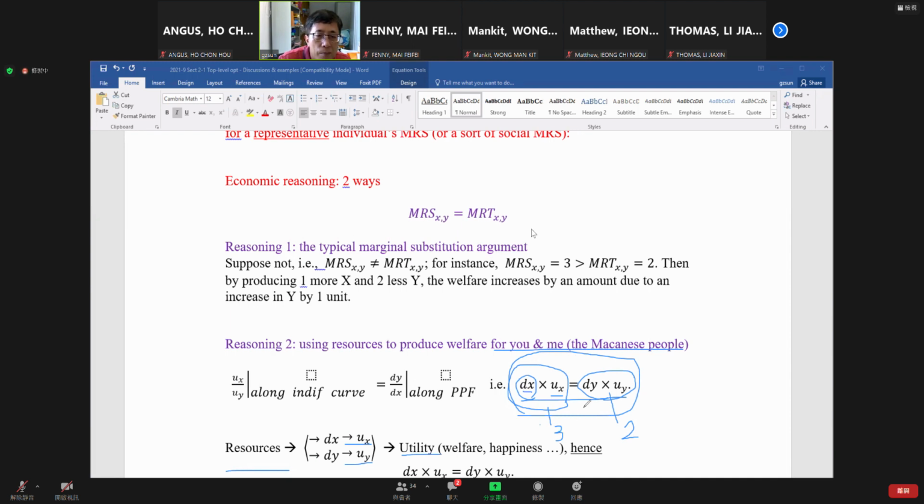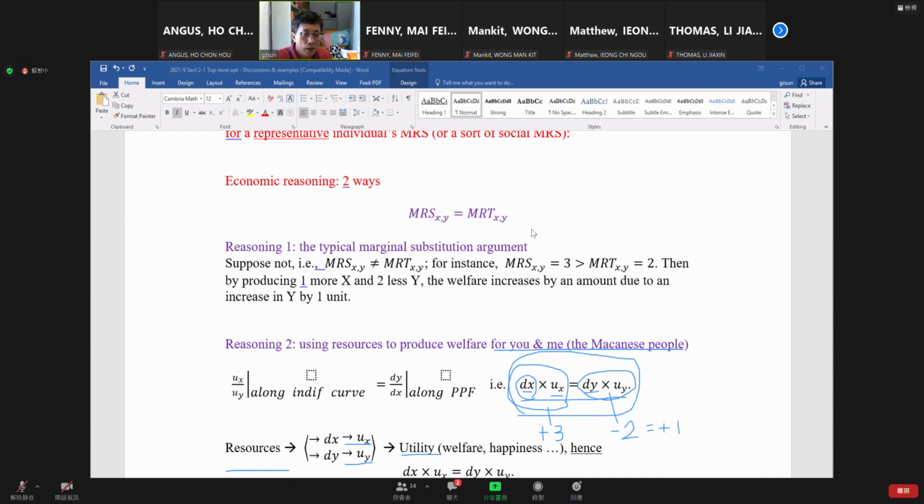And we can produce a little bit less Y. If this number is positive, this number must be negative, because given the resources, to produce more X, you have to produce less Y. So therefore, we can produce a little bit more X and at the same time a little bit less Y. To produce more X, our utility increased by 3. To produce less Y, our utility decreased by 2. Altogether, that's beautiful. Our utility increased by 1.